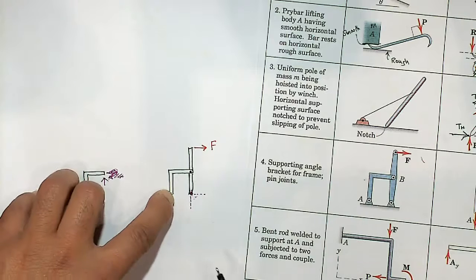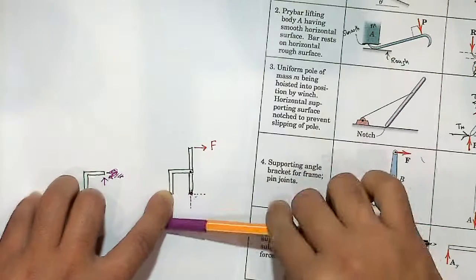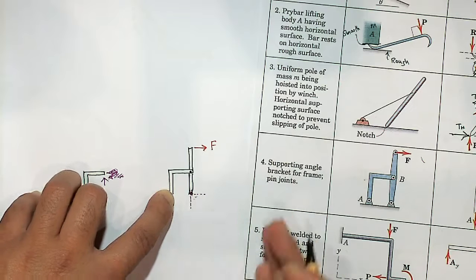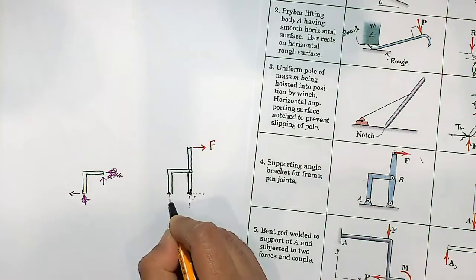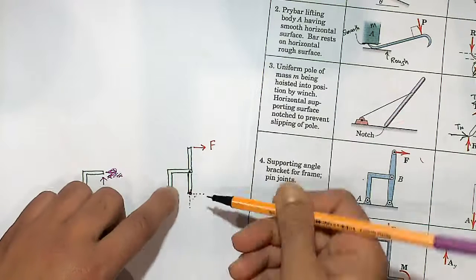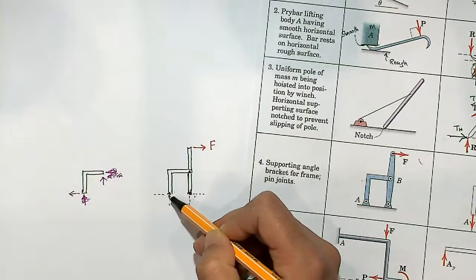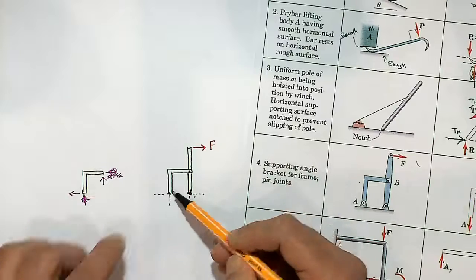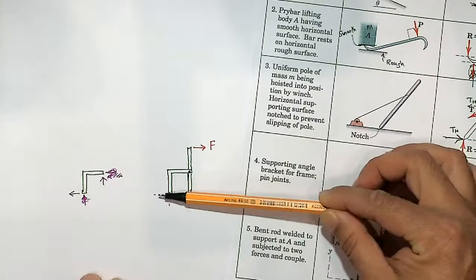Now if you consider the moment due to this force F, that is going to create a clockwise moment. That must be balanced by this reaction force, because these are the only two which can resist that rotation. There would of course be reaction forces here, but they would not be able to provide that resistance if you consider moment about this point, because the moment of these two forces would be 0. Similarly, the moment of these horizontal forces would also be 0 if you take moment about this point, because this force passes through that point.